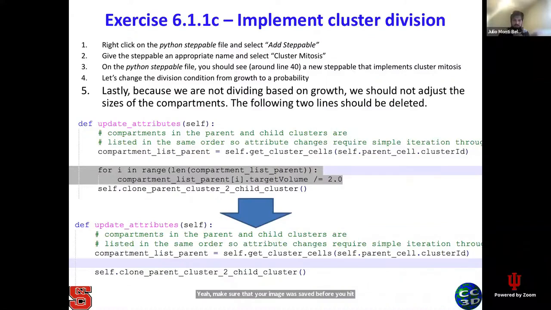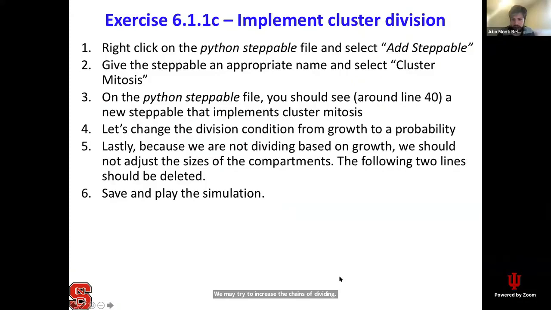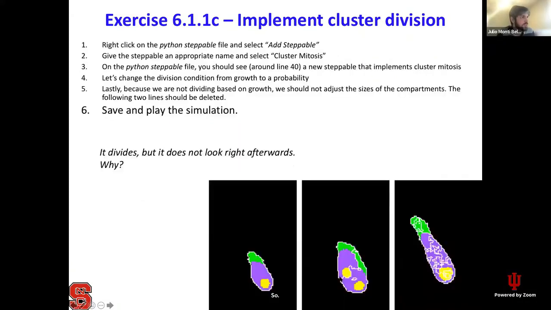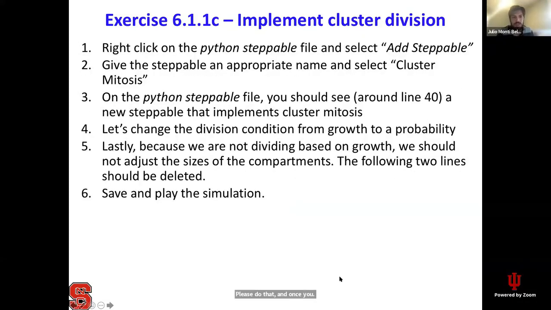If it still does not divide, then you may try to increase the chance of dividing. So please do that, and once you divide, let me know if you see division, and if after division the cells were correct already or not.